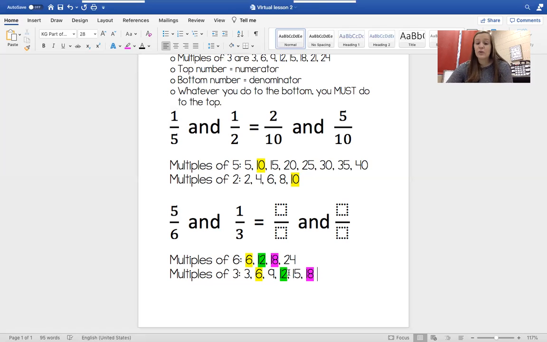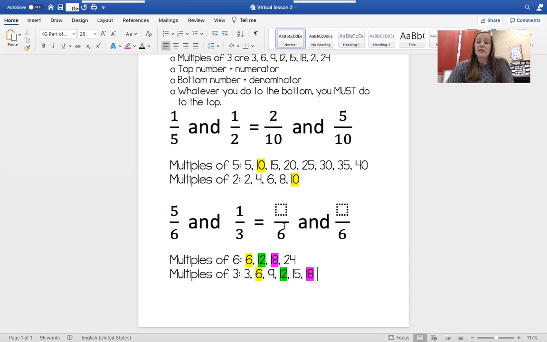So is 6, 12, or 18 the least or the smallest? 6 is. So we're going to stick with that common denominator of 6. You could do 12 or you could do 18, but then your fraction won't be in simplest form. So it's going to cause more work for you once we start adding and subtracting. So you always want to try to find the least multiple that they have in common, or the LCM.